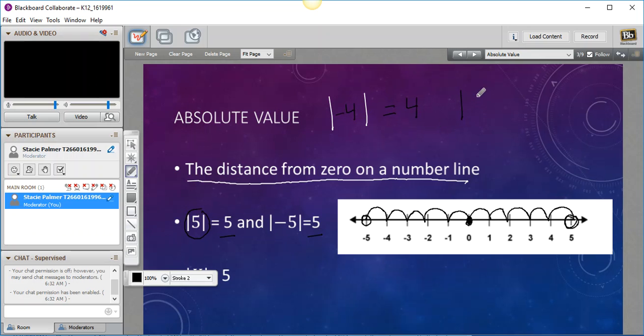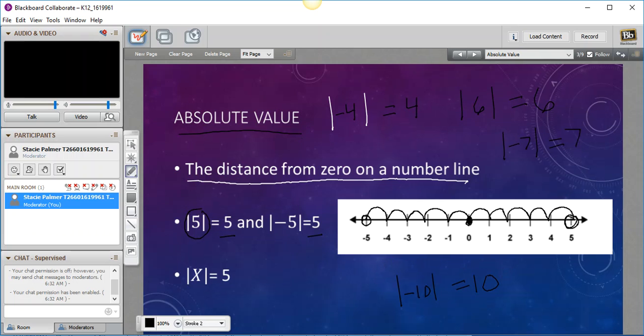If you have a 6, the absolute value of that would be 6. If you have the absolute value of -7, that would be a +7. If you have the absolute value of -10, that would be +10. Okay, so whatever's in the absolute value, we always make that positive. Okay, that's what absolute value means.